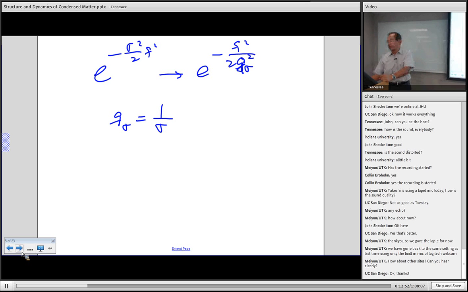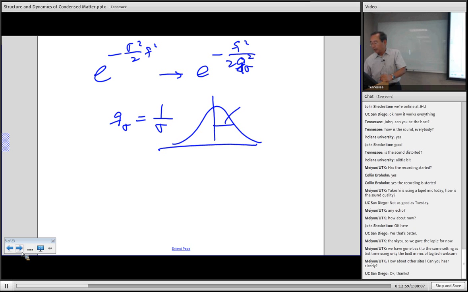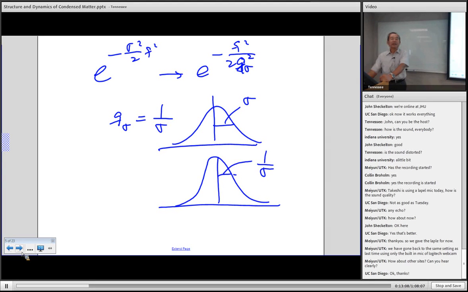So you start with a Gaussian with sigma, and you end up with another Gaussian whose width is 1 over sigma. If sigma is say 1,000 angstrom or so, then 1 over sigma is 0.001 inverse angstrom.